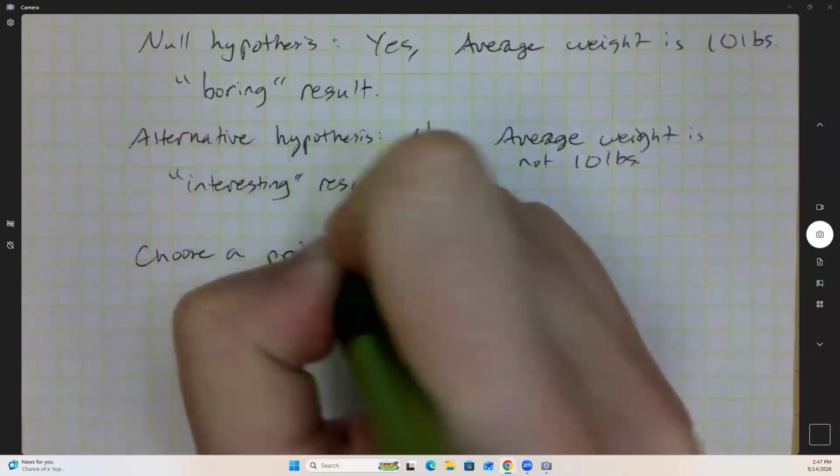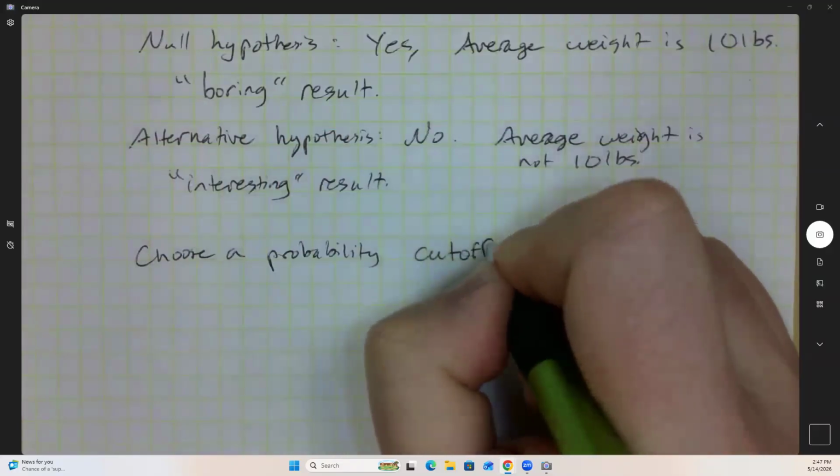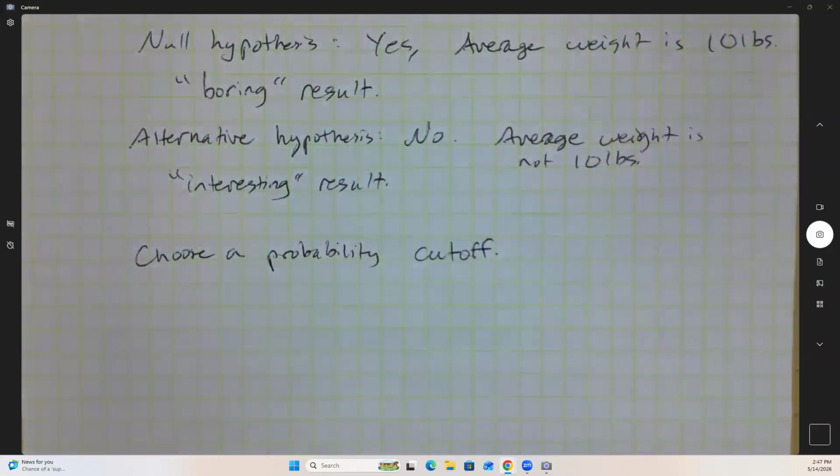I'm going to close the doors here. We can choose whatever we want. We could choose 1% or 10%.